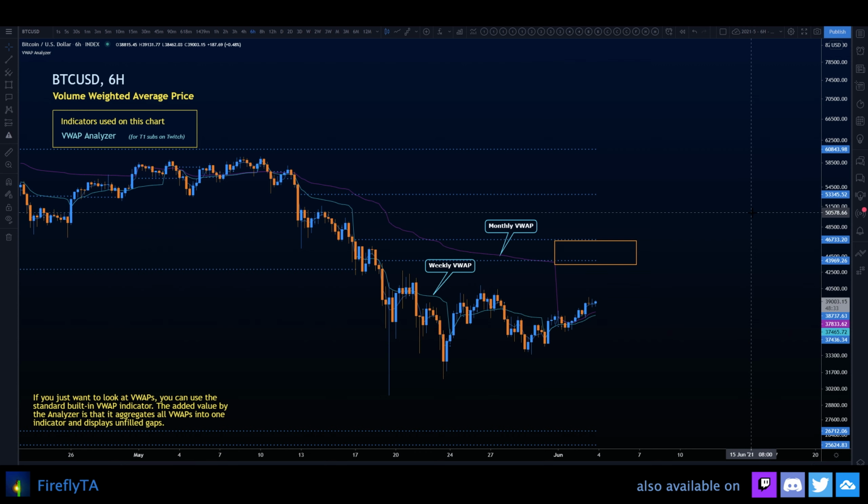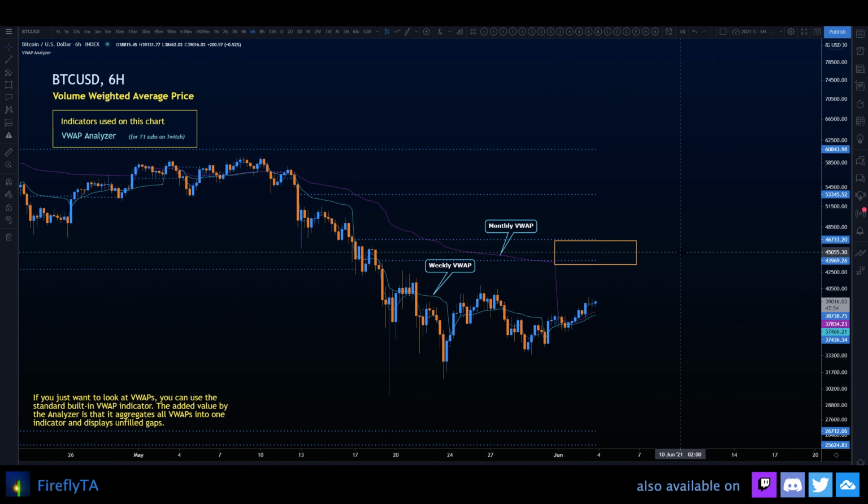This is the VWAP chart. Here you can see that we have a monthly VWAP gap at 43.6. Monthly gaps are created when the monthly close takes place somewhere far below or far above the VWAP level, so that the VWAP is reset to the level of price at monthly close, and you see a jump to the price level all of a sudden with one candle.